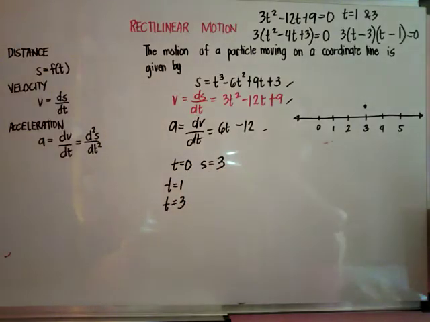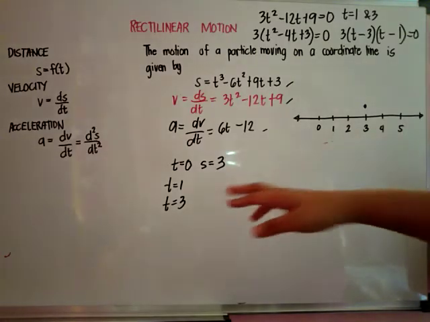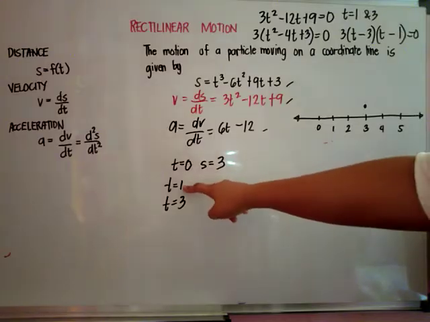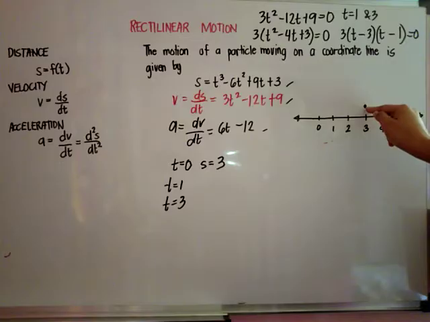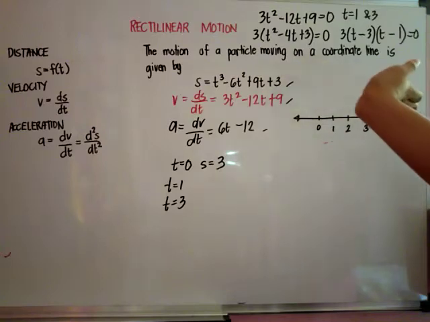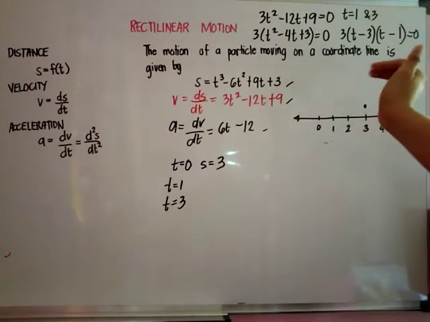Ang mangyayari dito, dun sa function natin, yung critical values ang nagbibigay ng interval wherein nag-i-increase or nagdi-decrease ba yung function natin. Dito naman, magsiserve yun as kung saan yung turning point niya. So, let's say, at initial, moving to the right siya, and then, after 1 second, magto-turn siya, mag-iiba siya ng direction.